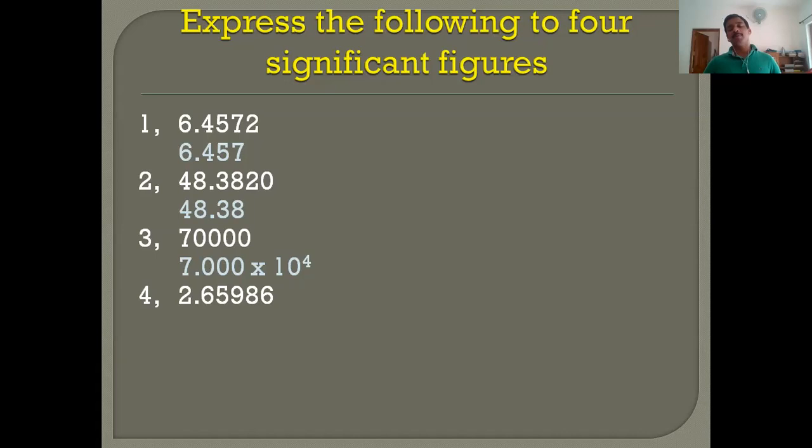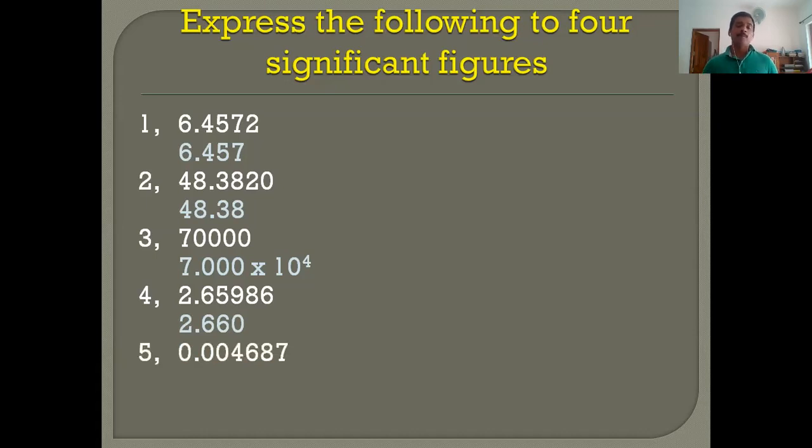So you have to increase the value of the preceding number by 1. The preceding number is 9. When you increase its value by 1, it will change to 10. That means it will be 2.660. Now, how many significant figures? 4 significant figures. Okay, we can see one more.